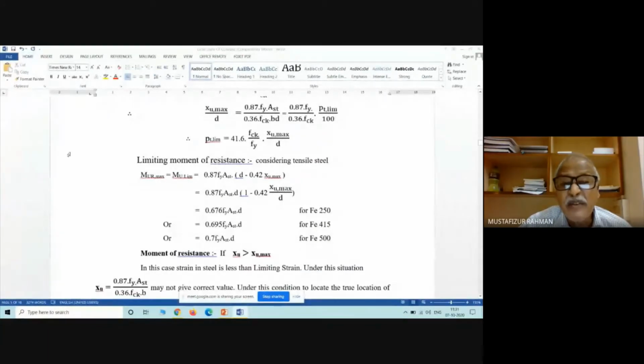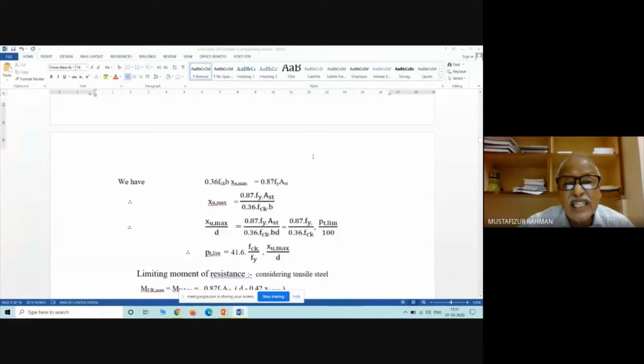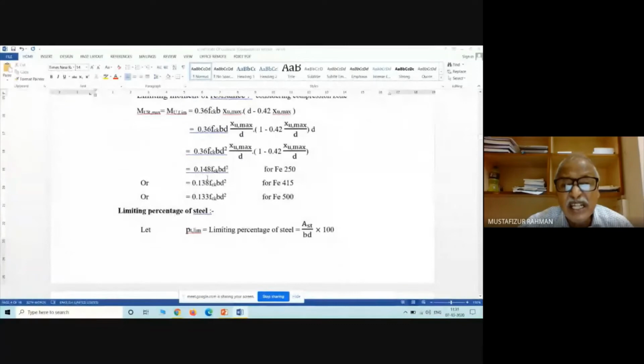Now, coming to the limiting moment of resistance considering steel. Now these three expressions, 0.148 FCK BD square, 0.138 FCK BD square, 0.133 FCK BD square, are with respect to concrete. How will we be able to identify this with respect to concrete? Because in this expression the factor FCK is available.